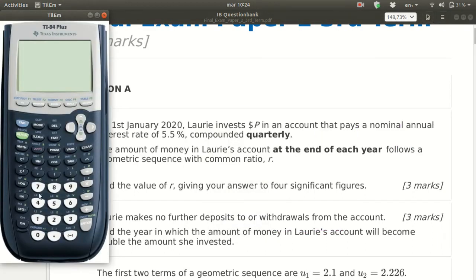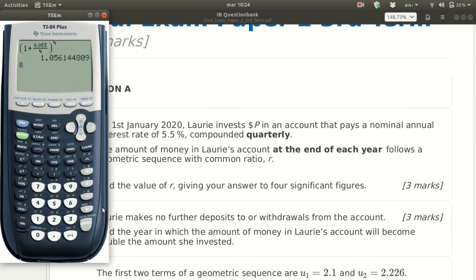So 1 plus 0.055 over 4, close parentheses, raised to the power of 4. 1.05614, etc. But it's asking for 4 significant figures.